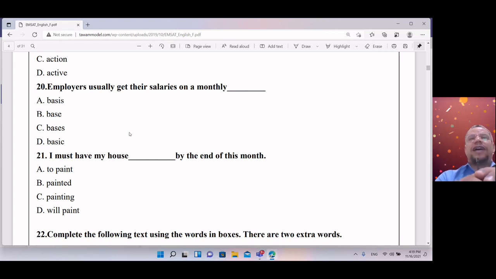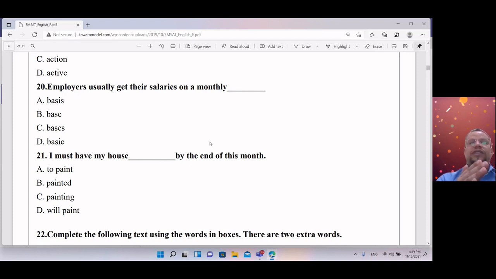I must have my house by the end of this month. Guys, this type of sentence is always in the EmSAT English grammar section. I must have, followed by a noun, have followed by a noun, the answer should be ed or past participle.